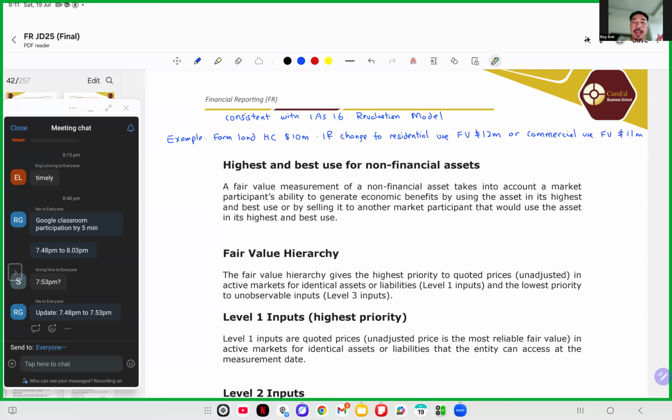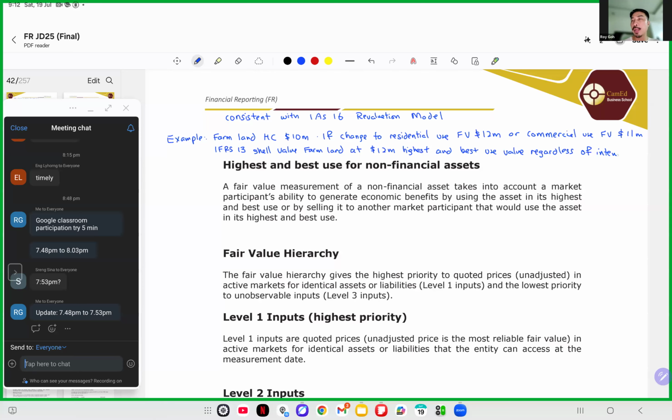regardless of your intention. So IFRS 13 shall value your farmland, IAS 16 farmland, at highest and best use value 12 million, and it's regardless of your intention.